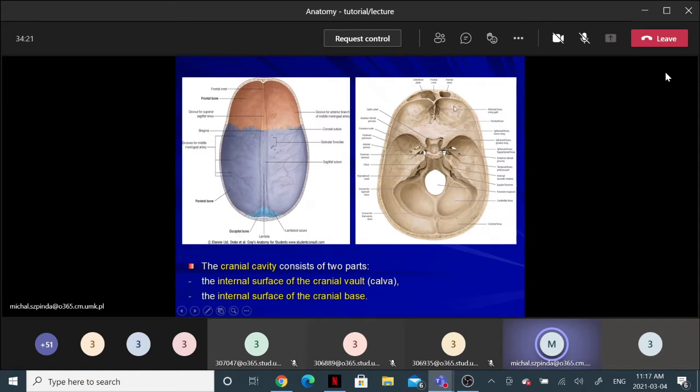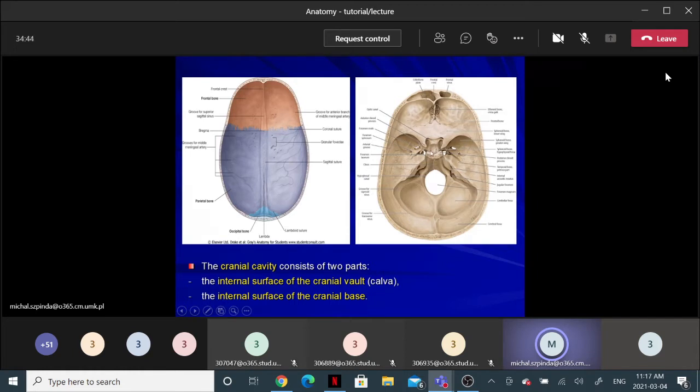And now we'll start with the internal cranial base, which is composed of 3 different fossae. All of this is the anterior cranial fossa.